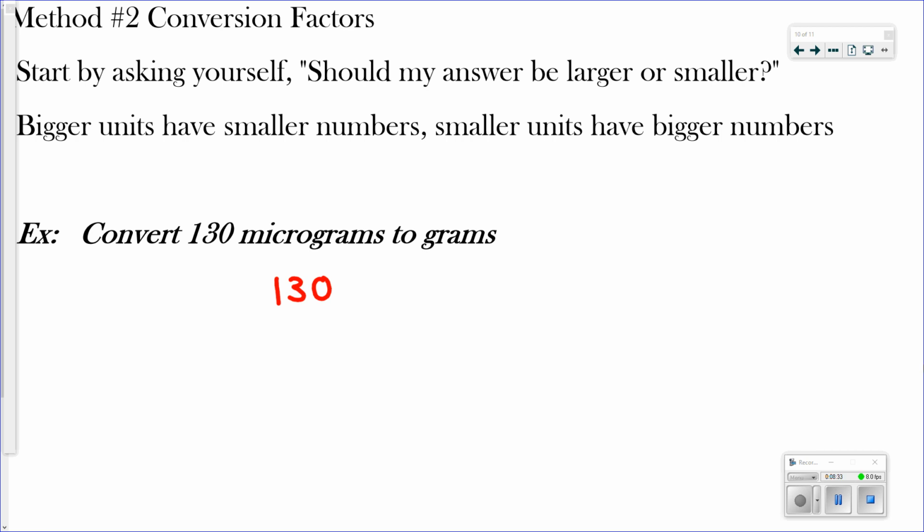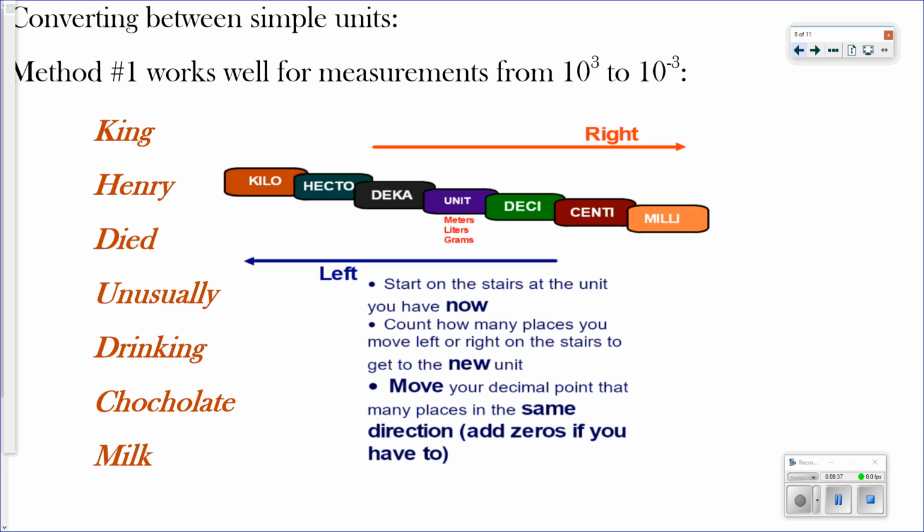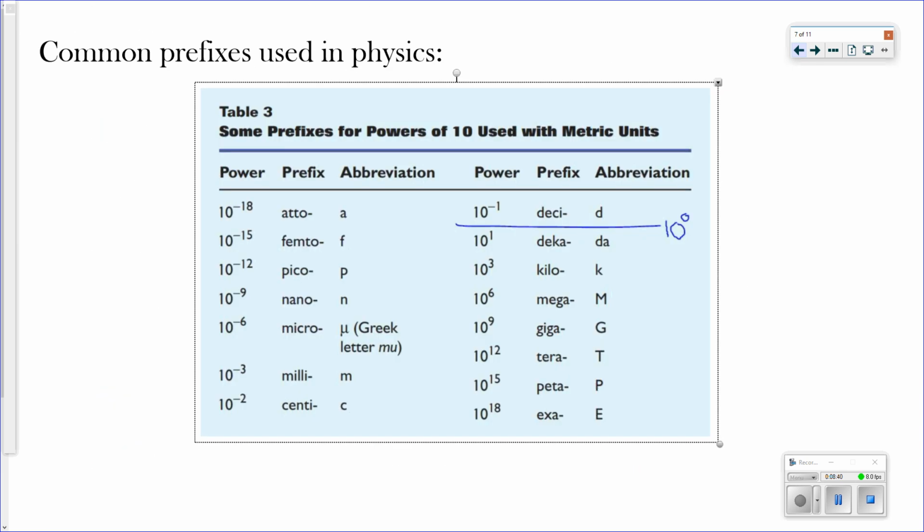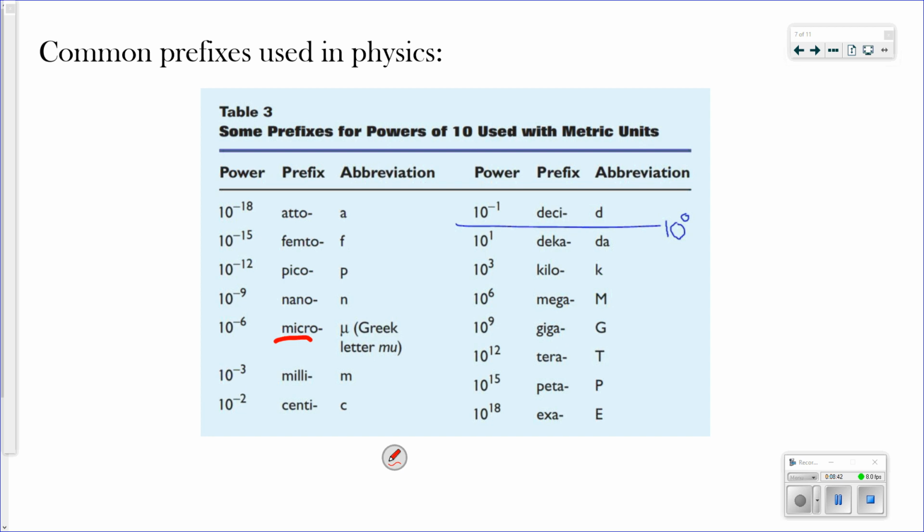If I go back to my chart, I will see that a microgram has the abbreviation of the Greek letter mu, and its power related to your SI unit is 10 to the negative 6. So that means that one SI unit is cut up into 10 to the 6 pieces, and each piece is a microgram.